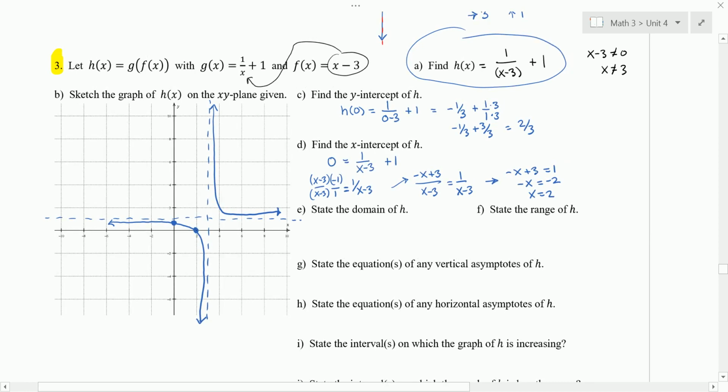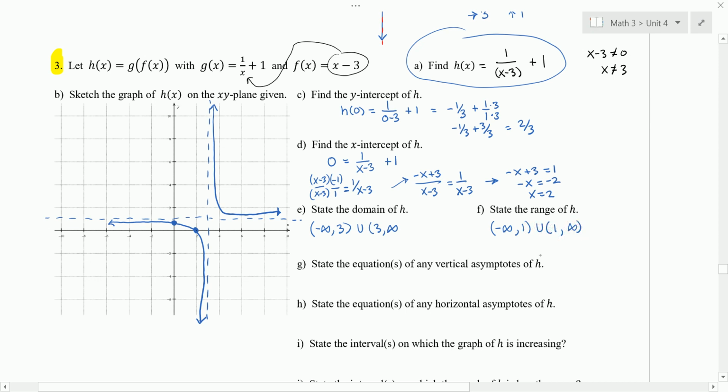State the domain of H. The domain of H is from negative infinity up to the break in the graph at 3, union, start back up at 3, go to positive infinity. And the range, as low as negative infinity up until the break at 1, union, start back up at 1, go up to infinity.